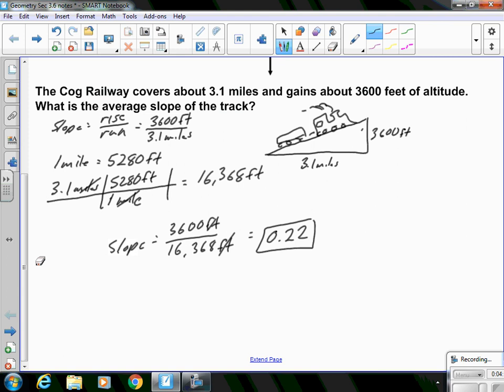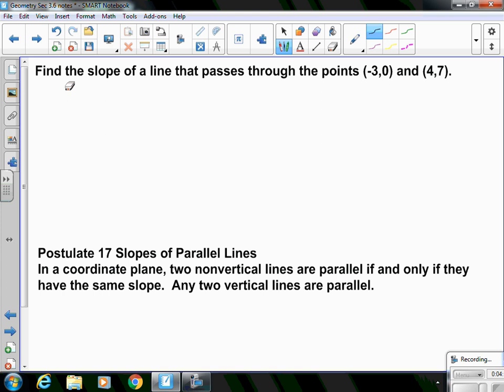All right. So then next up, we're going to find the slope of a line that passes through the points (-3, 0) and (4, 7).